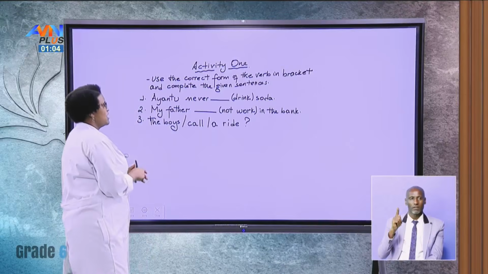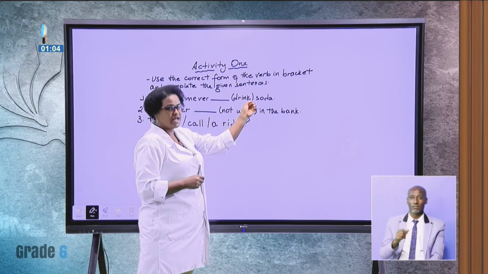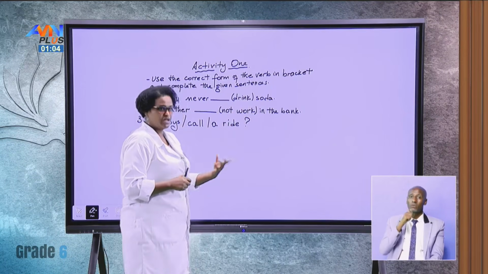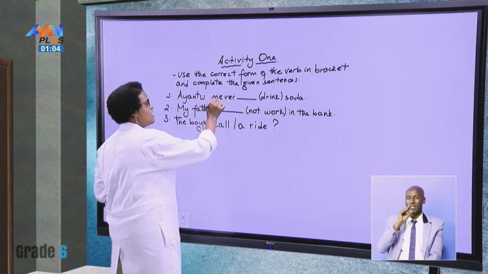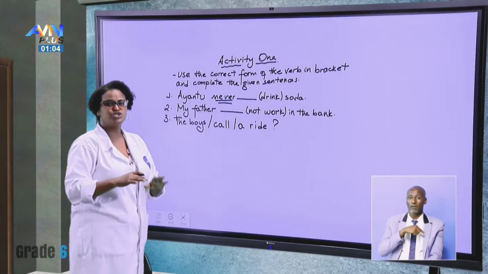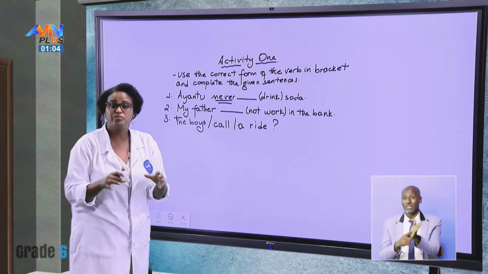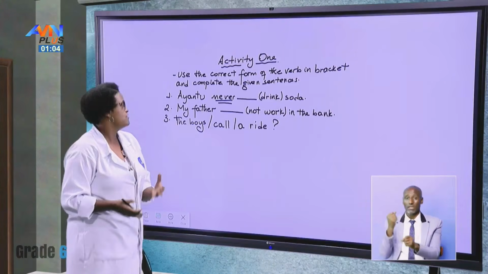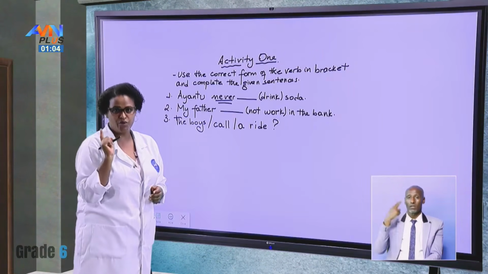All right. So I'm sure you have done them correctly. Look at the first one. Never, and then the verb given here is drink. But before drink, what do we have? We have an adverb of frequency which says never. Never shows that the sentence is what? Habitual action, right? Very good. So if it is habitual action, then we use only verb 1.